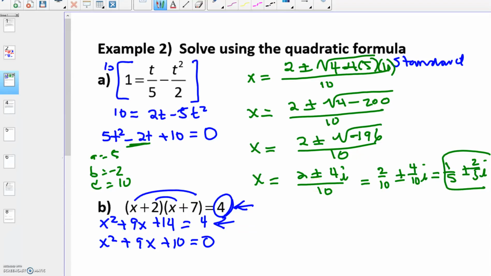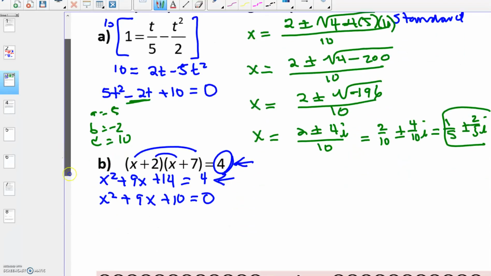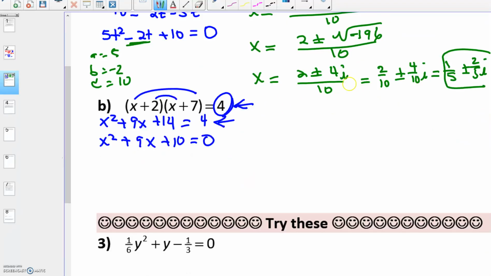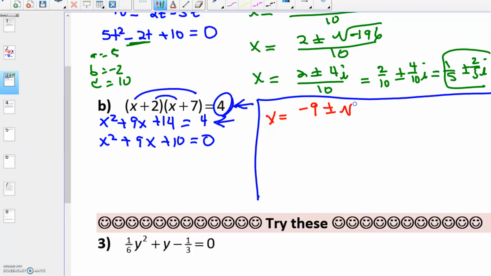So I am now going to use the quadratic formula on that. So let's draw a line right here. And we've got x is equal to negative b, so -9, plus or minus the square root of b squared, which would give me an 81, minus 4 times 1 times 10, all over 2 times 1, which is 2.